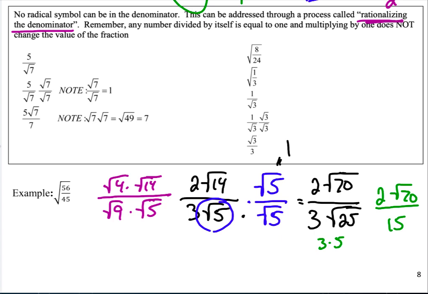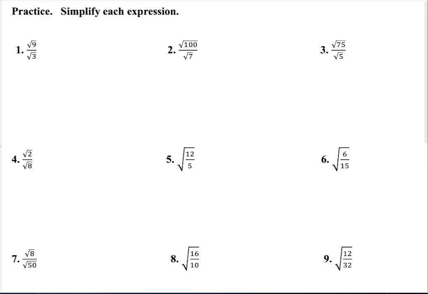Okay? So I multiply by that radical to both numerator and denominator. Okay? That turns it into a whole number, okay? Because now I can take that square root, and now I no longer have that radical left in my denominator. All right, so let's see this in action. So square root of 9 is 3. I can't do square root of 3, so I leave it alone.